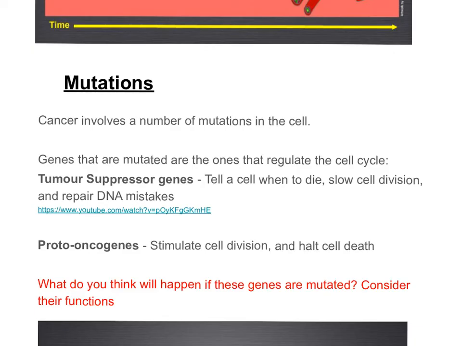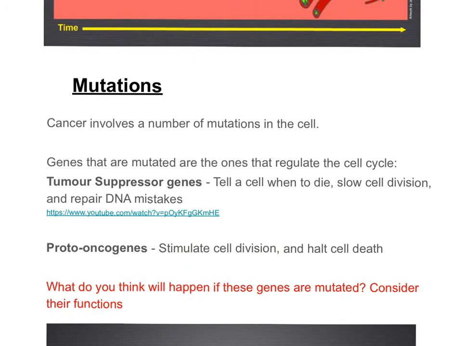So like I said, cancer involves a number of mutations in the cell. And it's not just random mutations, it's specific mutations. It's mutations in genes that control the cell cycle. So we talk about a series of different genes.